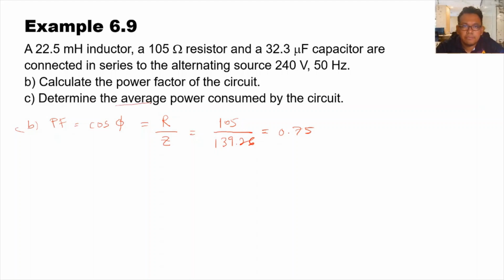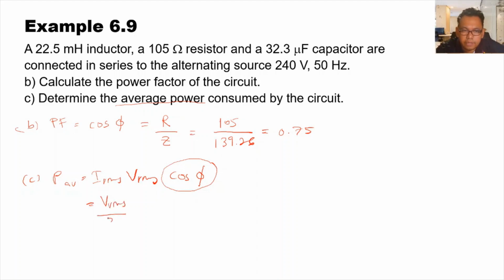Next, determine the average power consumed. So average power, P average, is equal to I RMS times V RMS times cos of this angle, and this is the power vector, right? In the question we don't have the I RMS, but we know I RMS is equal to V RMS divided by impedance.